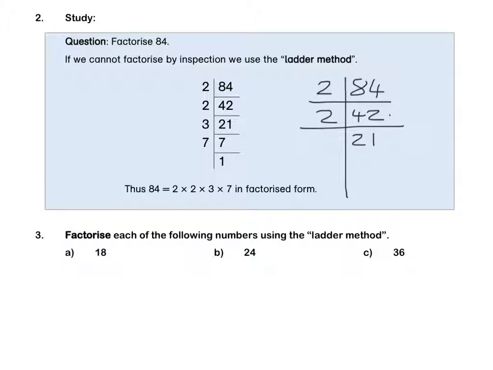No. Is it divisible by 3? Yes. And the answer is 7. Now 7 is a prime number, so it's divisible by 7, and it goes in ones. Now on the left hand side of my ladder, we have all the prime factors of 84. Thus 84 is equal to 2 times 2 times 3 times 7 in factorized form.